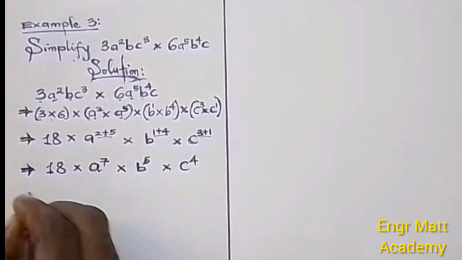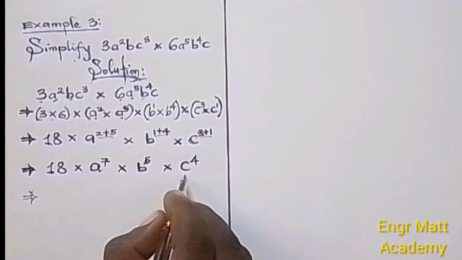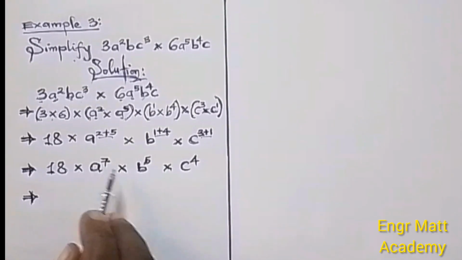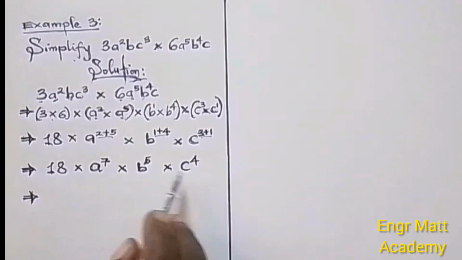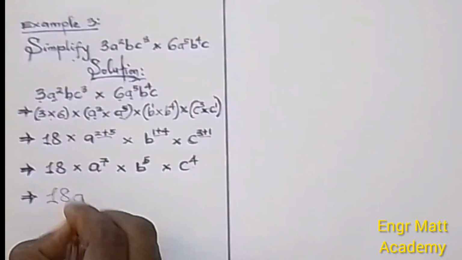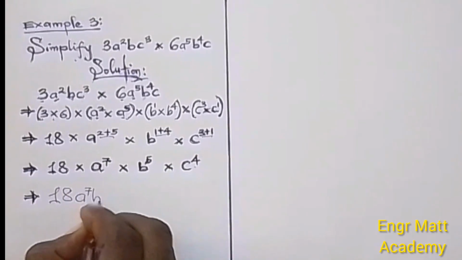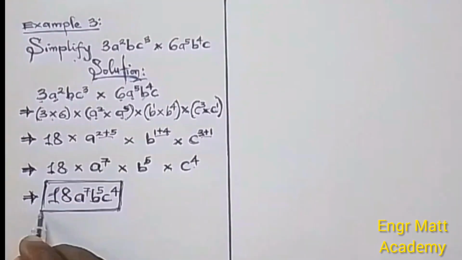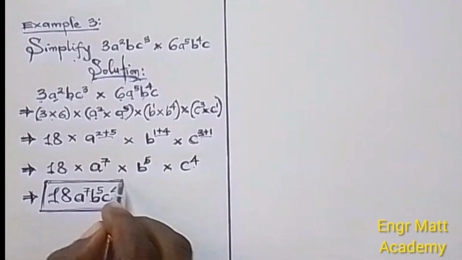The next thing is to multiply everything together. That is 18 times a to the power of 7 times b to the power of 5 times c to the power of 4. That gives us 18a to the power of 7, b to the power of 5, and c to the power of 4. So now our final answer is this one.